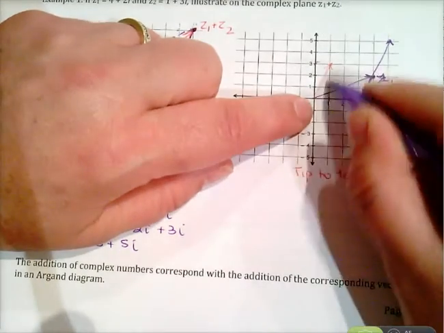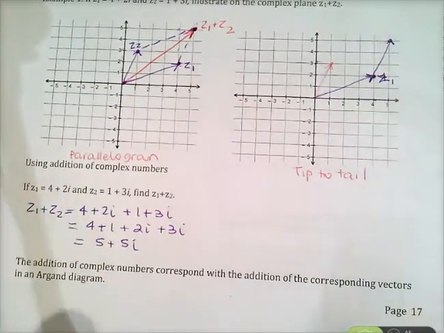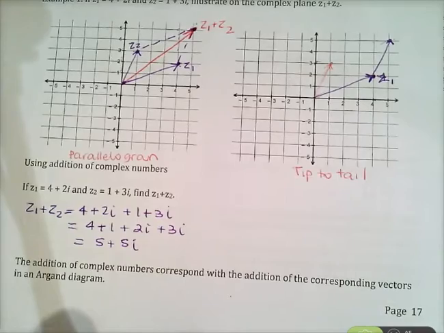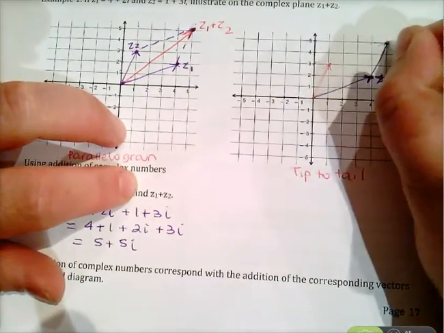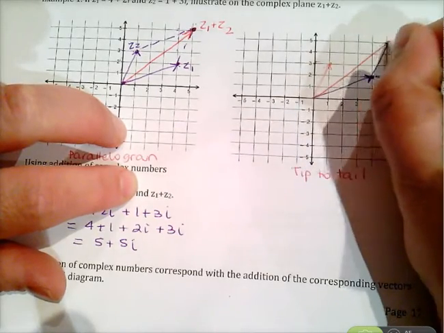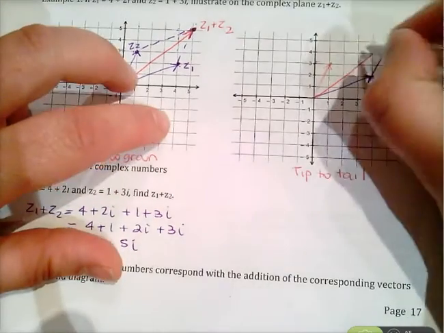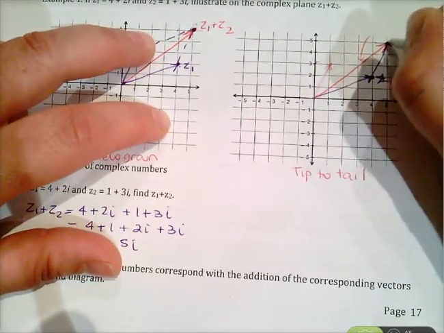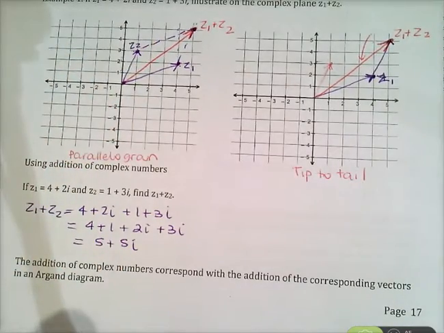So I want to add these two vectors. So as you do in physics, draw the first one, then draw the second vector at the tip of the first vector. And so therefore the resultant vector is here. So this is my resultant vector. So this resultant vector, or this point, will be z1 plus z2. Okay?